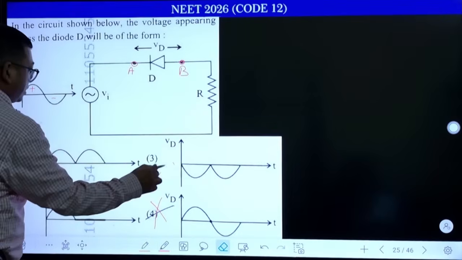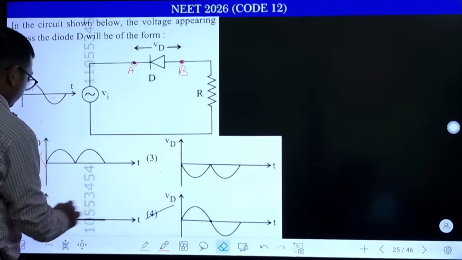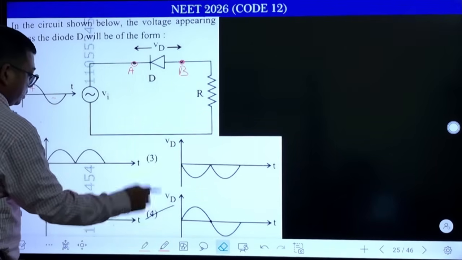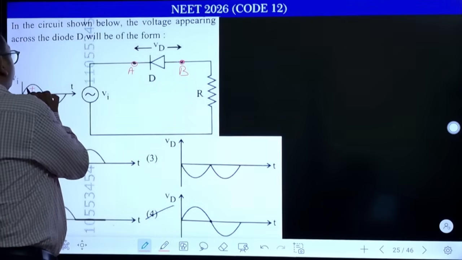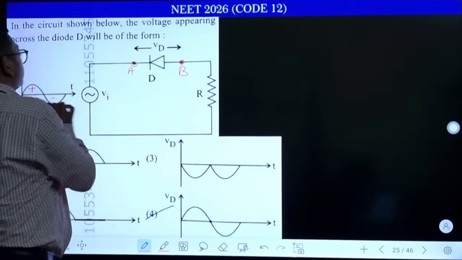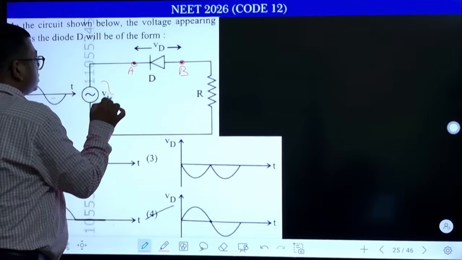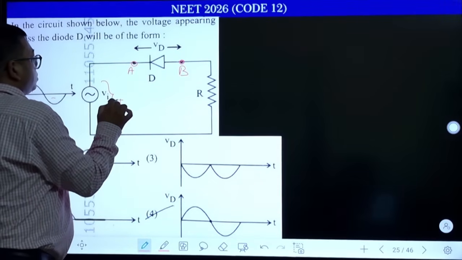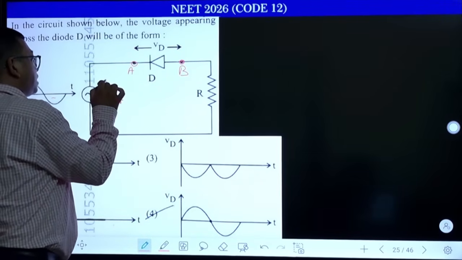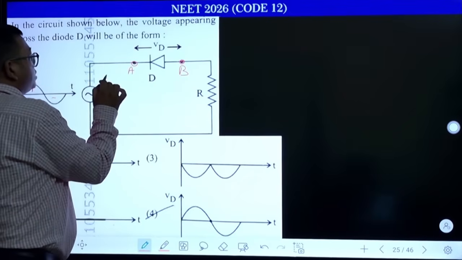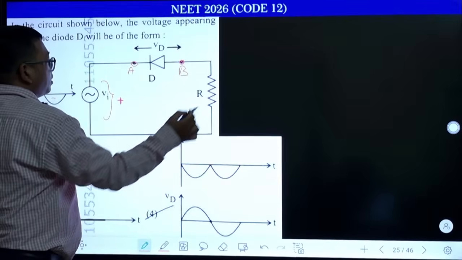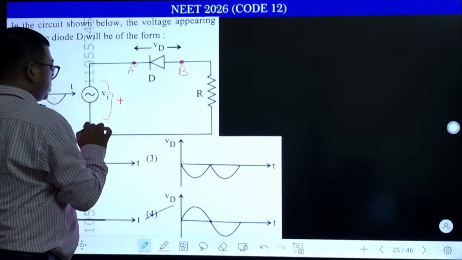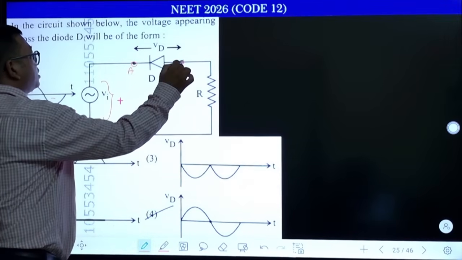Let's try to think this way. Suppose this positive is there. This positive means the potential difference across this is positive. That means this is high, this is low, right? Low means here everything is low, but there is no current, so the potential of this point is going to be the same up to here.